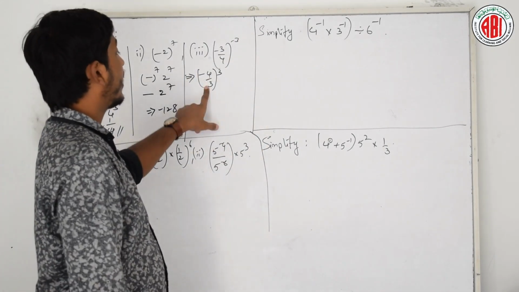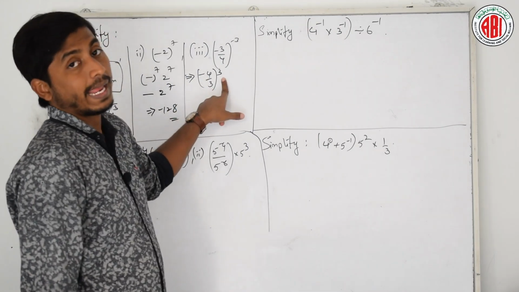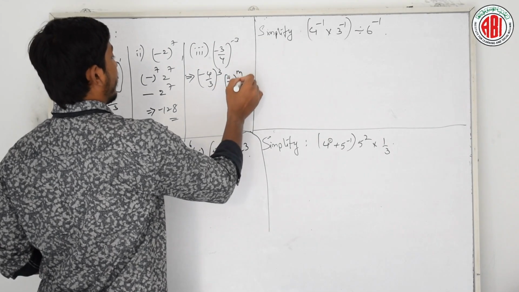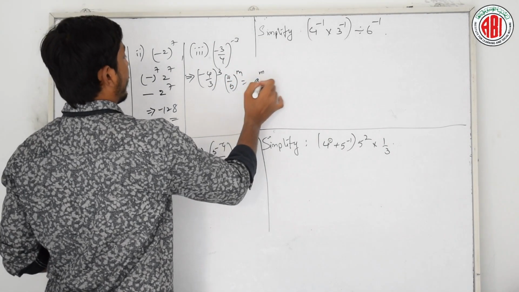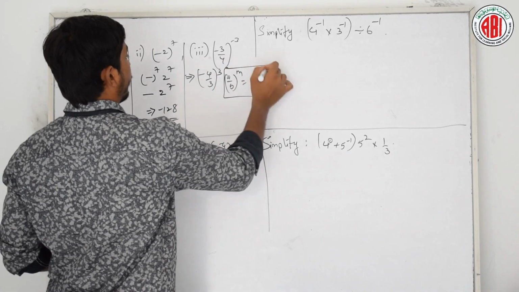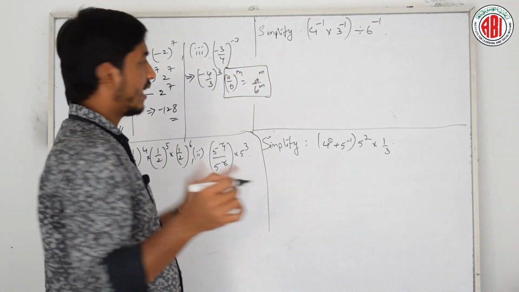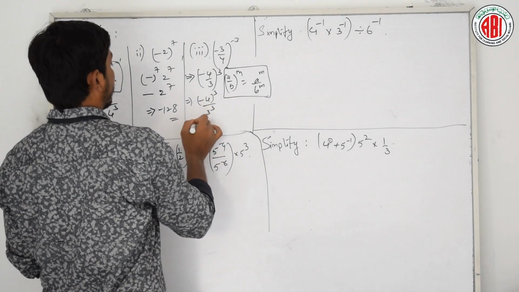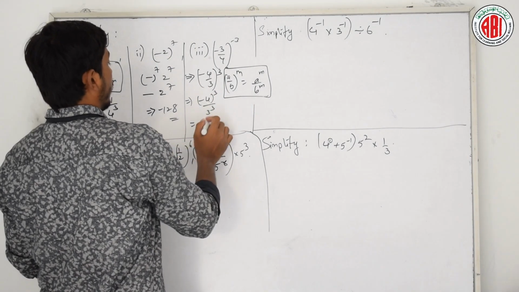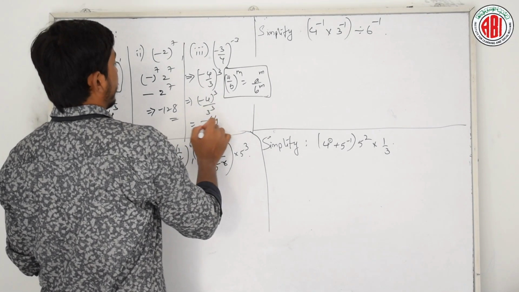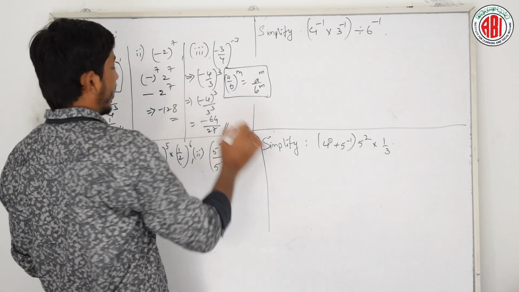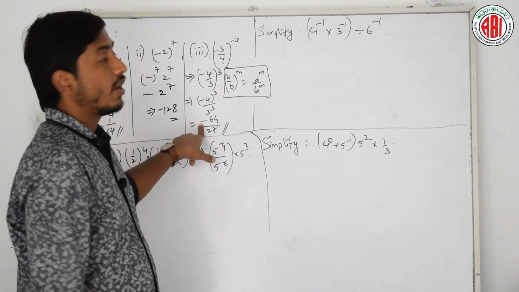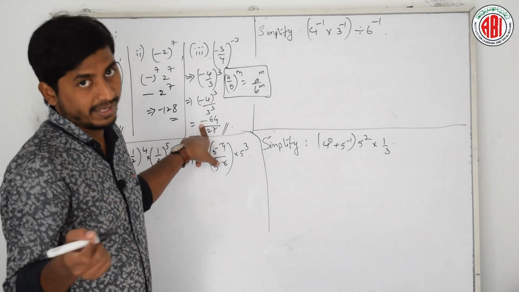Now what is the formula here? a by b whole power m can be written as a power m by b power m. Let us do that. That will be minus 4 power 3 by 3 power 3. Minus 4 cube is minus 64, 3 cube is 27. Is it clear? Is it not easy to solve? The only thing is minus cube will always be a negative number.